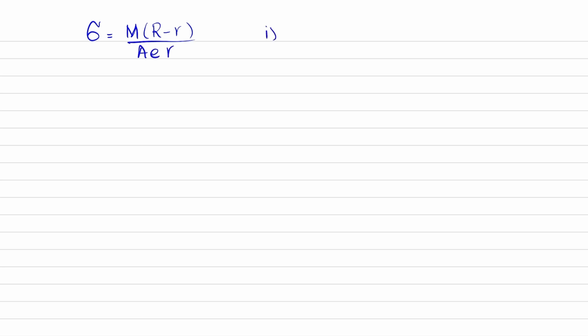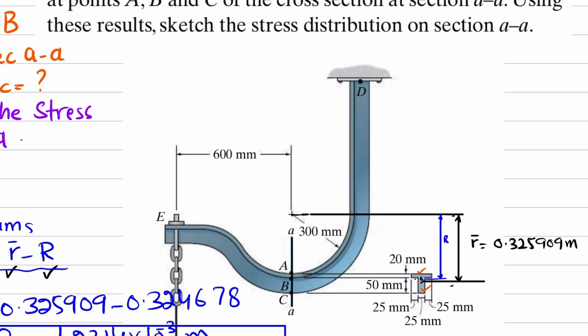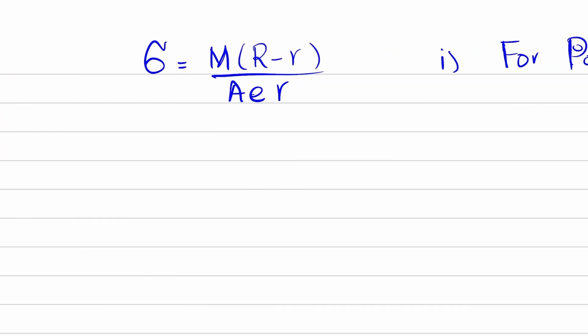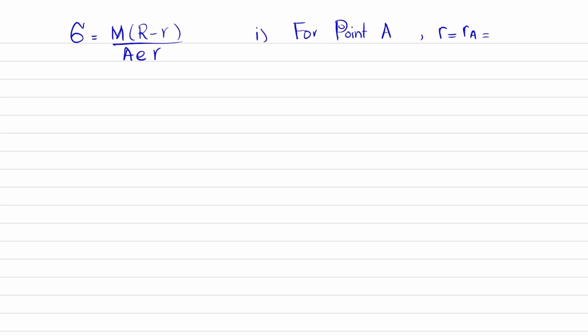Number one, for point A, the stress at point A, r will be equal to rA. You can see this is point A, so r will be 300 millimeter. So I put r equal to 300 millimeter or 0.3 meter.